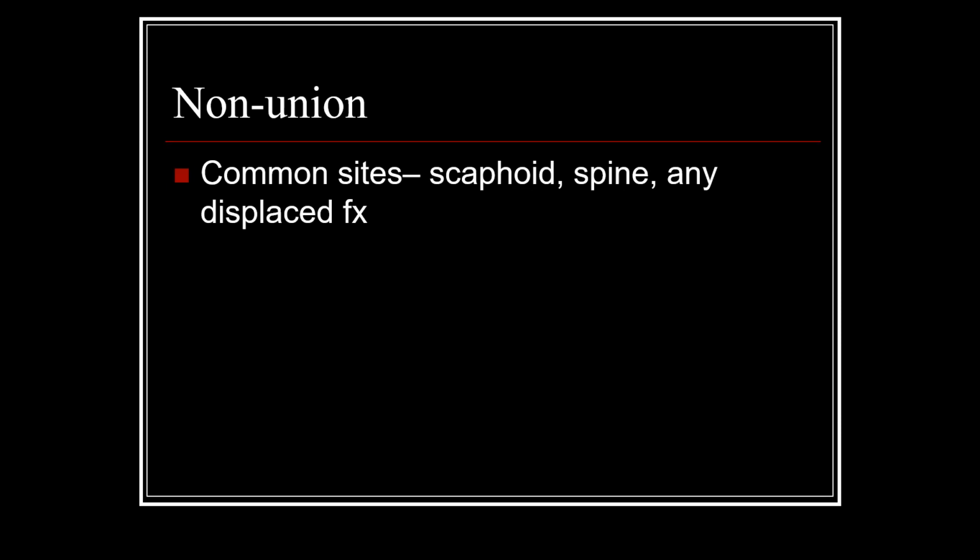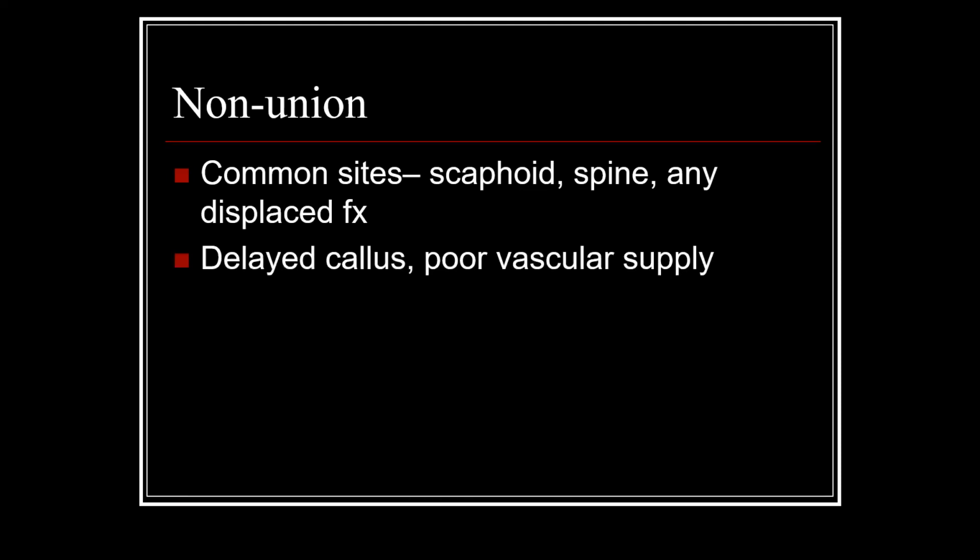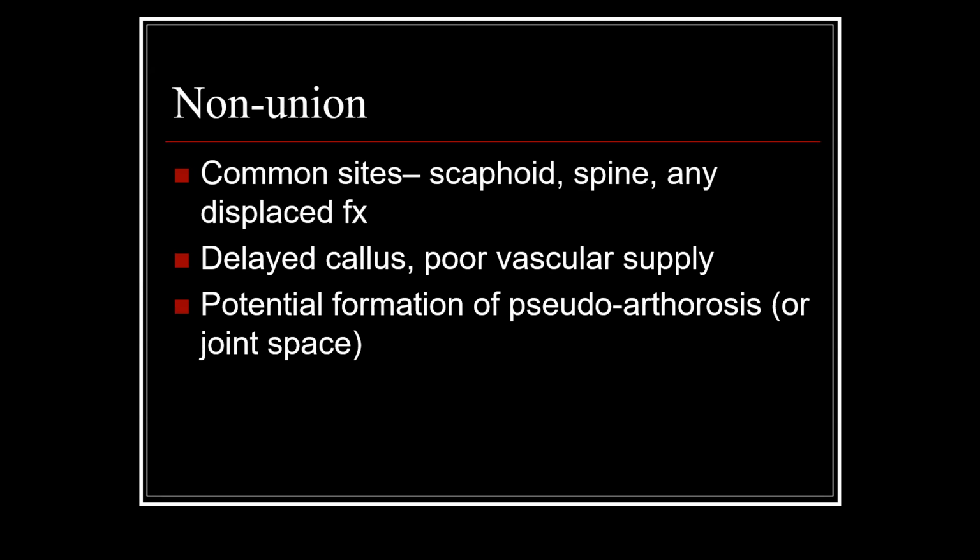But any displaced fracture that isn't properly aligned and allowed to heal, where there's maybe interruption of the blood supply or incomplete vascularization of that, can lead you to that sort of a problem. And you get a very delayed and poor callus formation in these settings due to the poor vasculature, and potentially even then the secondary pseudarthrosis or joint space that can be formed.